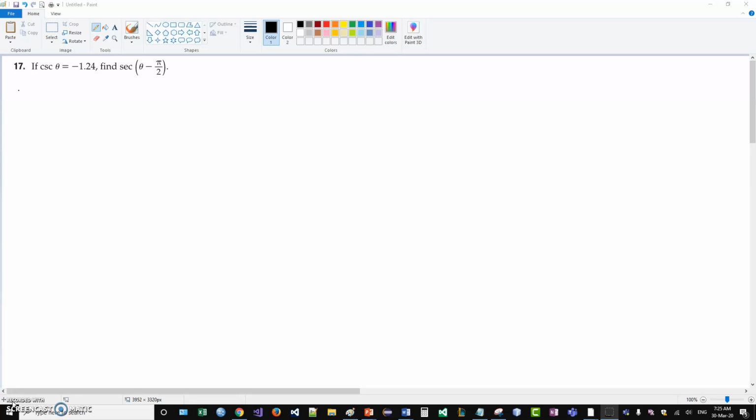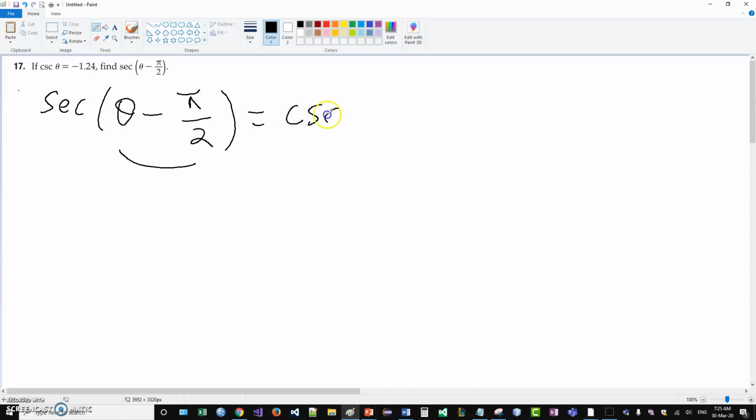Now, from the even and odd identities, we know that the cosecant function is an odd function, which means cosecant theta minus pi over 2 is the negative of the cosecant of its negative.